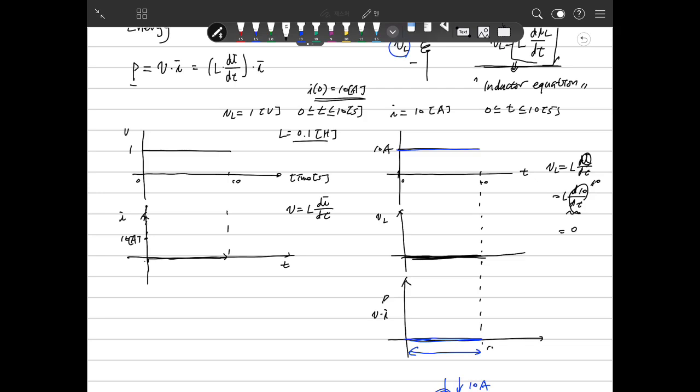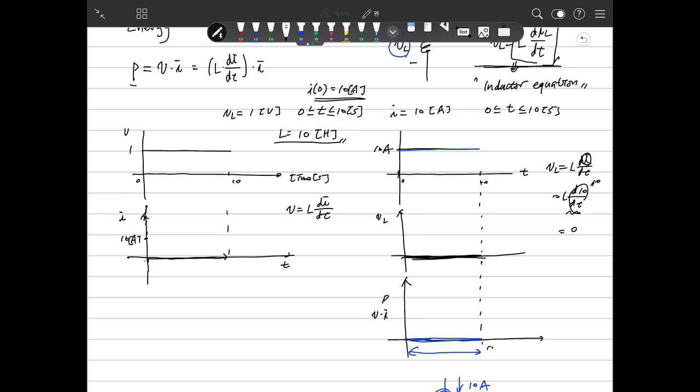I'm sorry. To make the calculation simple, we choose L as 10 henries, and this is simpler. Then what happens here?